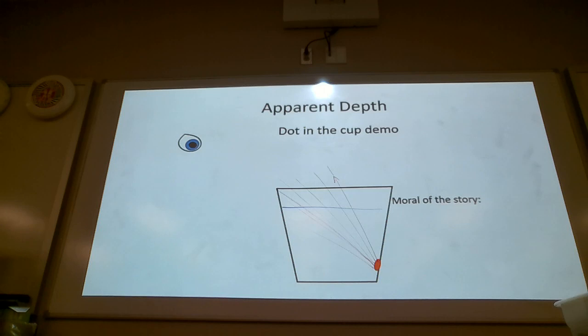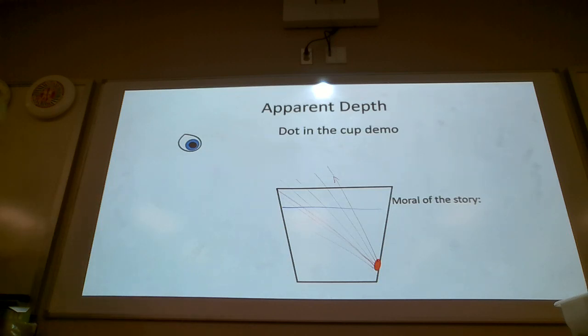So when light goes from water into air, tell your neighbor, is it going to bend away or towards the normal line?